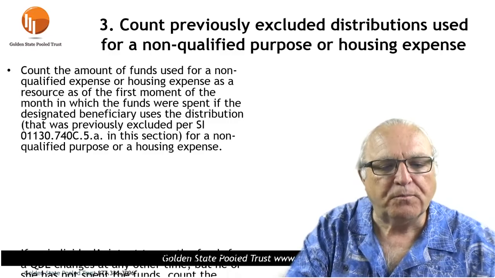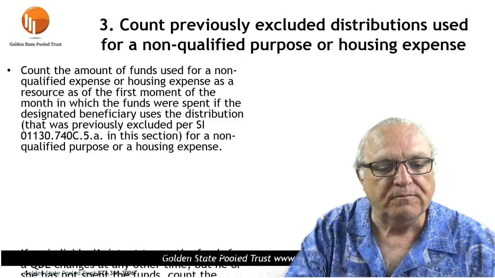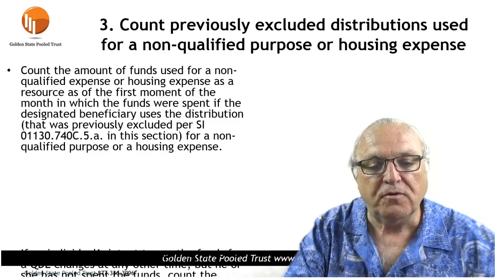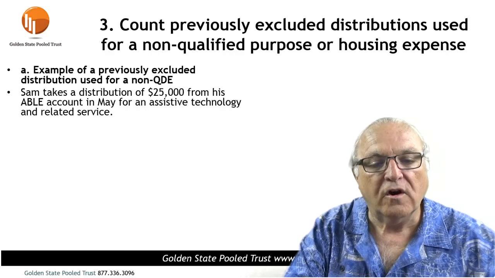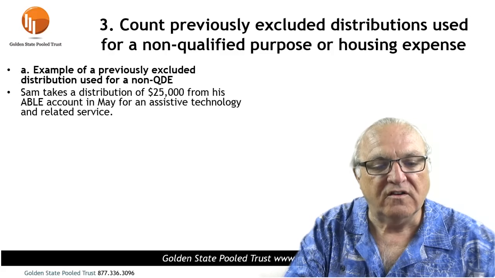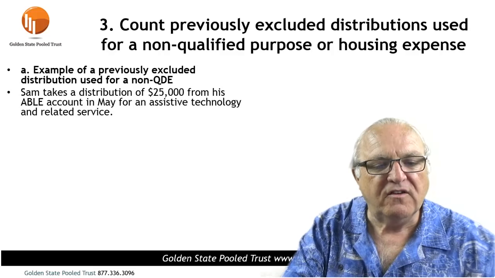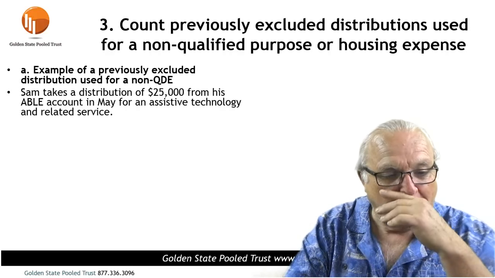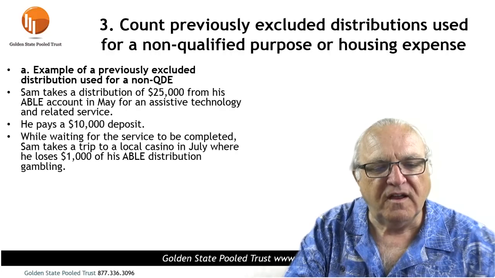So, an example of a previously excluded distribution used for a non-QDE. Sam takes a distribution of $25,000 from his ABLE account in May for an assistive technology device and related service, which is clearly a QDE. He pays a $10,000 deposit. While waiting for the service to be completed, Sam takes a trip to a casino in July.